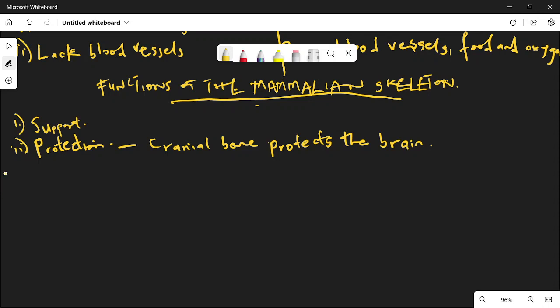It is also responsible for locomotion. Locomotion, the ability of an organism to move from one position to the other, is a result of the command that has been sent to the bones and the muscles by the brain through the spinal cord or the nervous system.